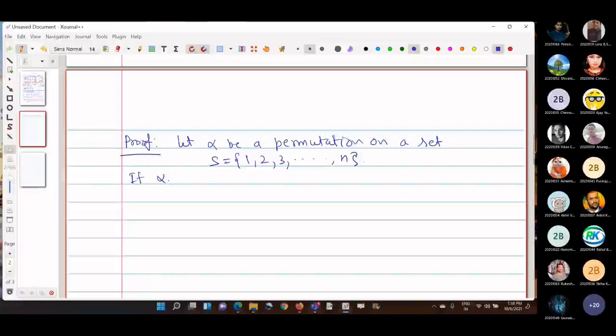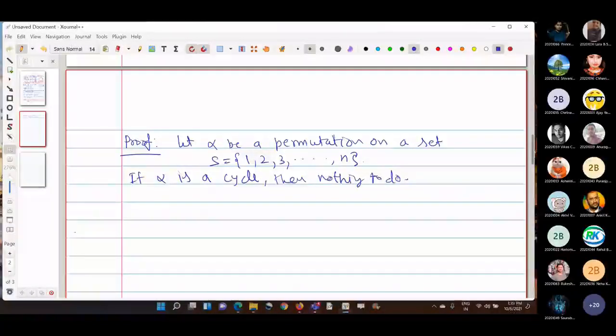So if alpha is a cycle, then nothing to do. If it is itself a cycle, then we don't have any problem. We are taking any permutation defined over the set S. Suppose now in any other case, if it is not a cycle, then we will be finding a way to write it as a product of disjoint cycles.